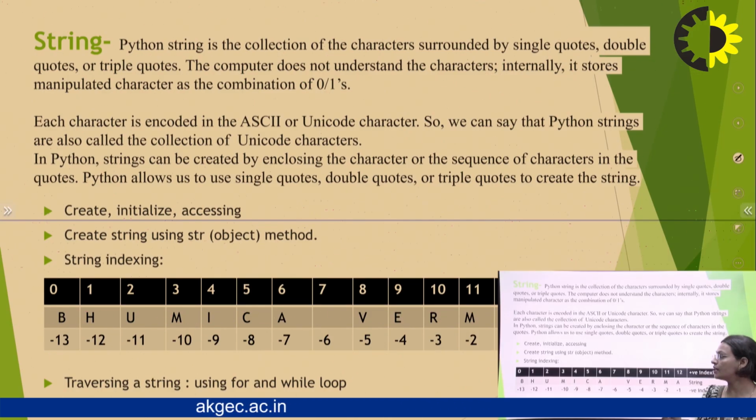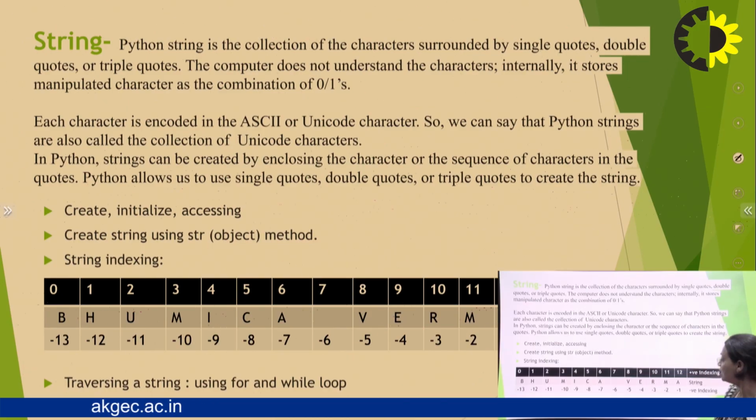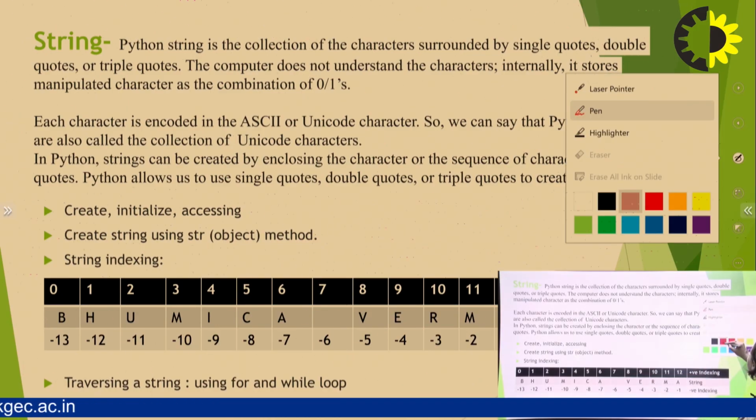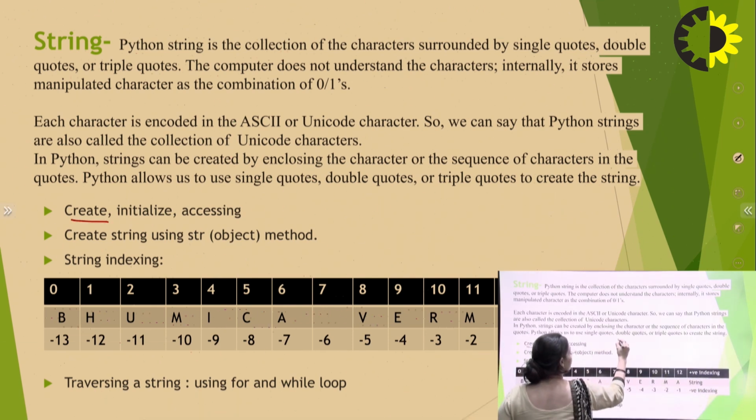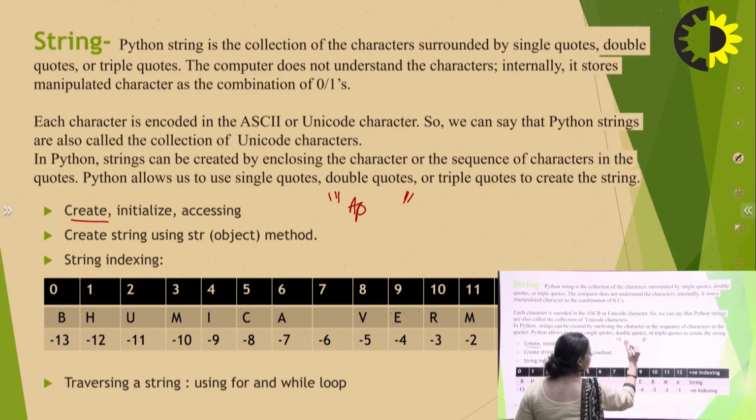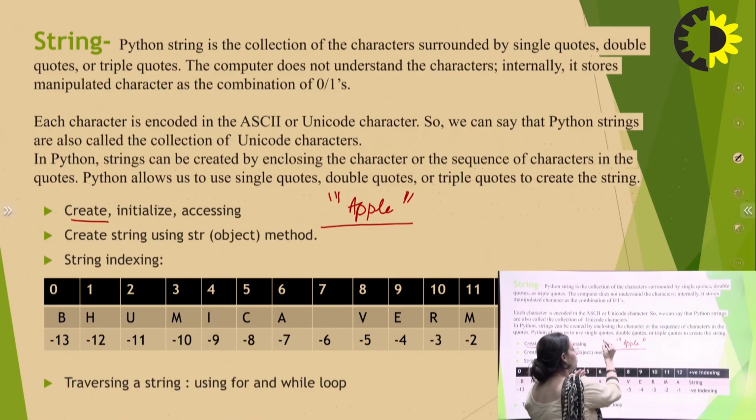When it comes to string creation, the string can be enclosed in single quotes, double quotes or triple quotes, and something is written into it. Like if I say apple, then apple is a string written over here. It could be initialized with the help of a variable. Suppose I say a is equal to apple.